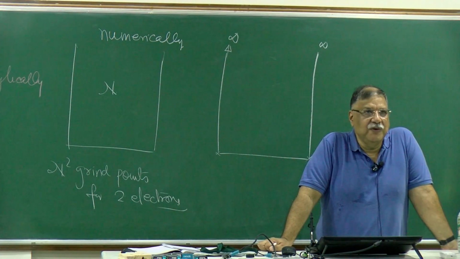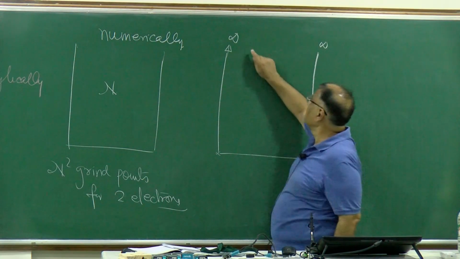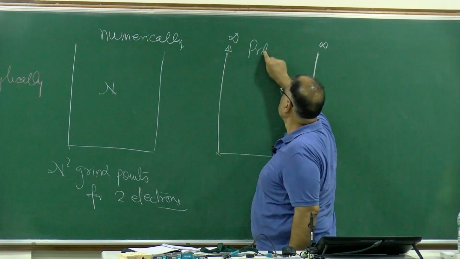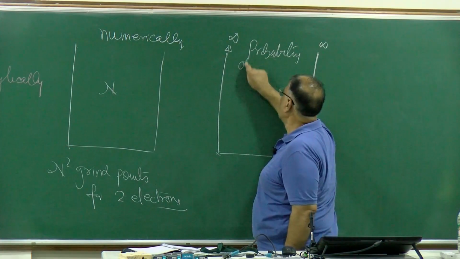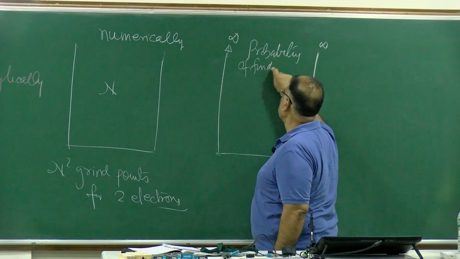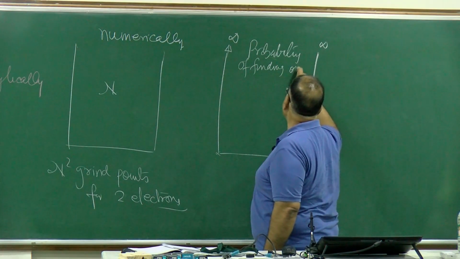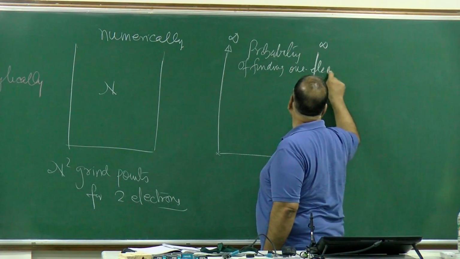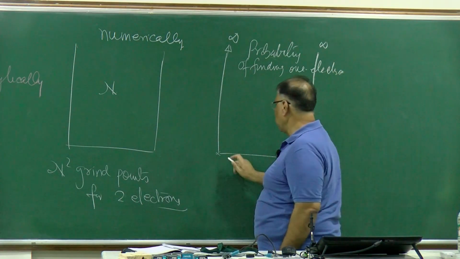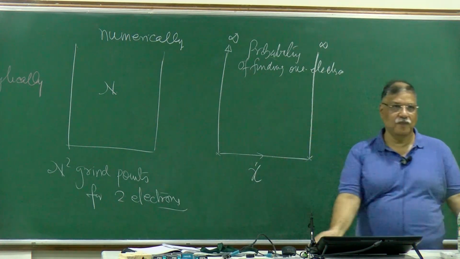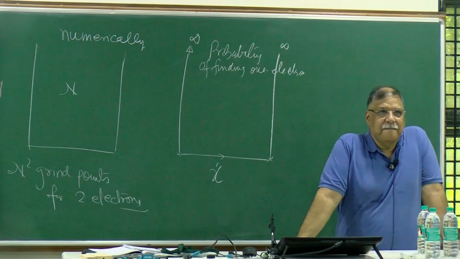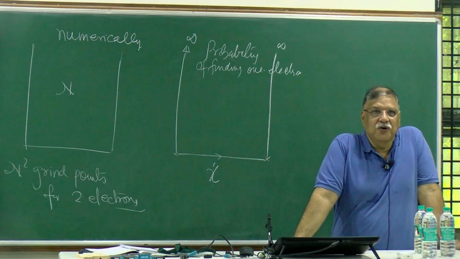I cannot solve for the wave function, but intuitively, can you tell me how would the graph look? So I want to find the probability of finding one electron, and I'm plotting it with respect to x. How would it look?